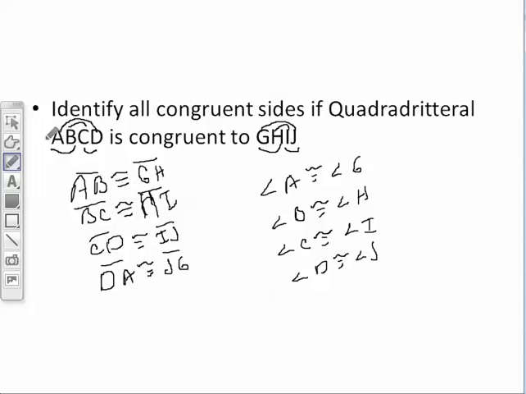Because the naming convention of quadrilaterals and of other objects tells me that I put congruent things, corresponding items, together in the same order. So that's the way we would know which sides of the quadrilaterals were congruent.